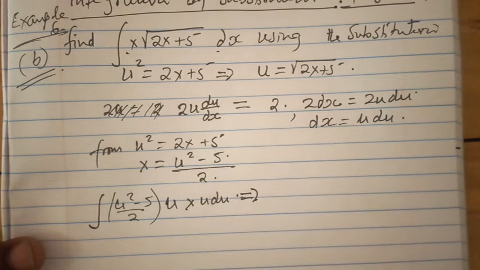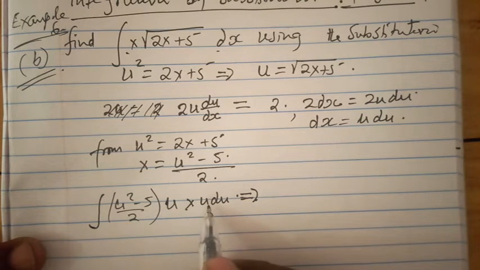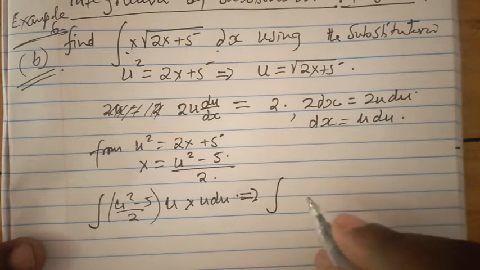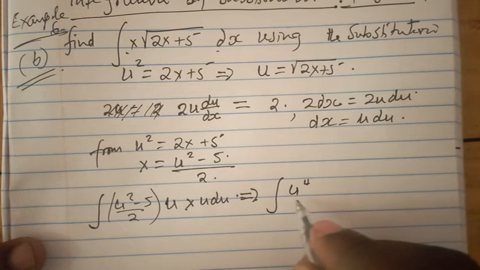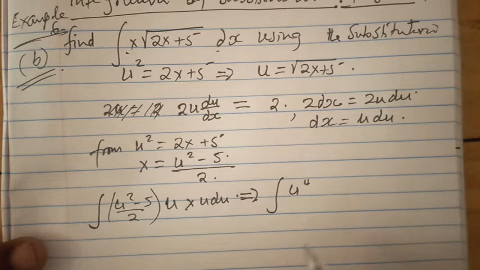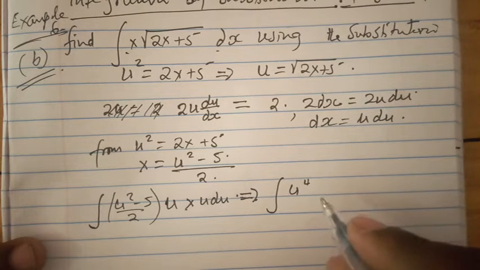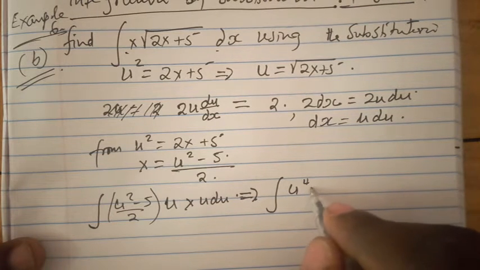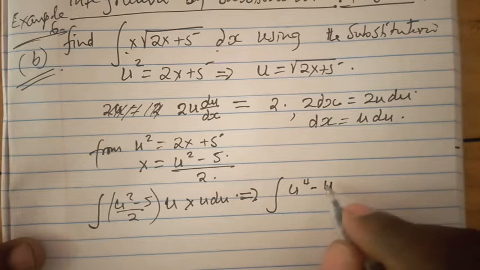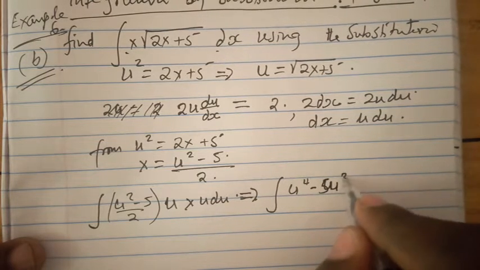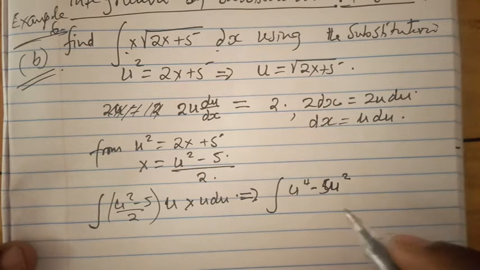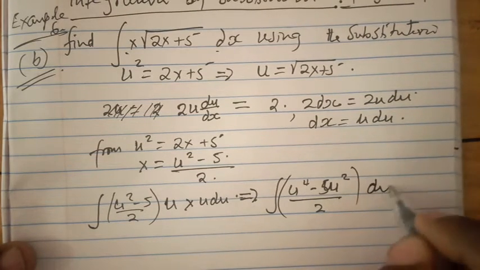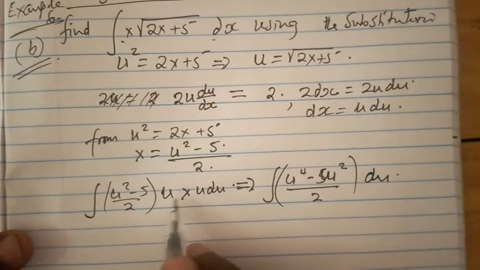Opening the bracket, u times u is u squared, and u squared times u squared is u raised to power 4, minus 5u squared, everything over 2, and we have du there because the u has been used to multiply out.